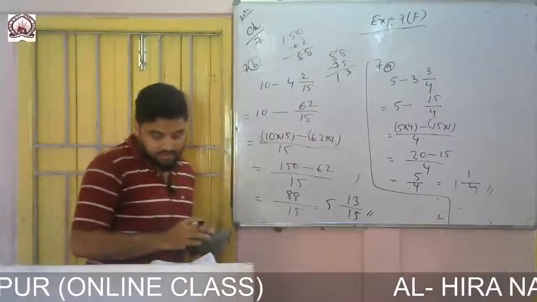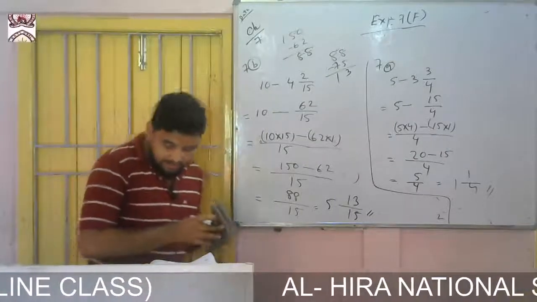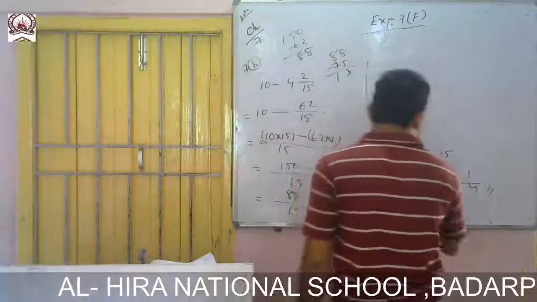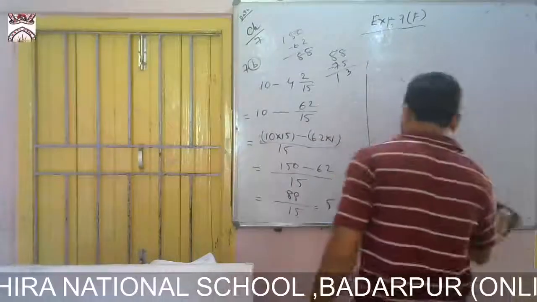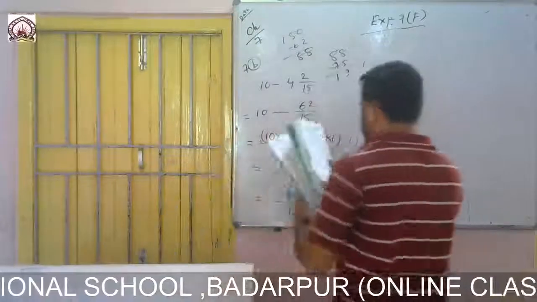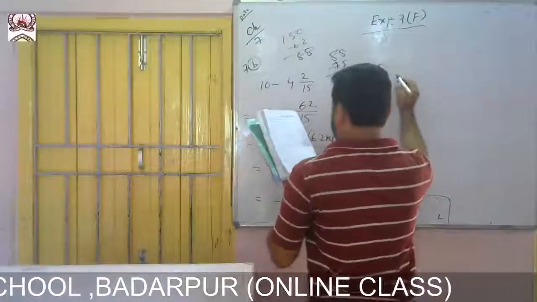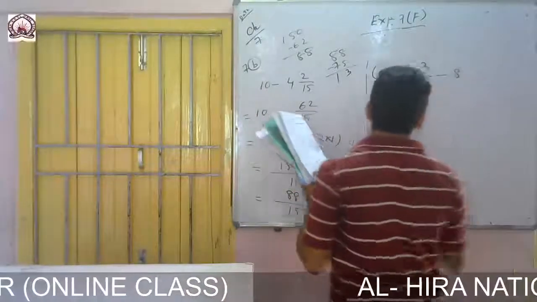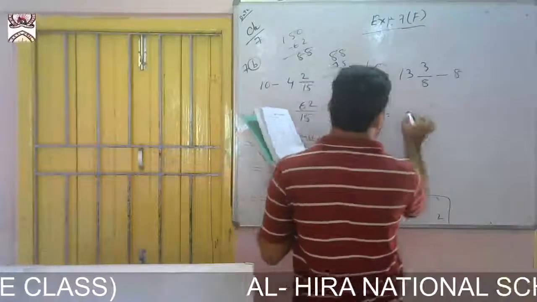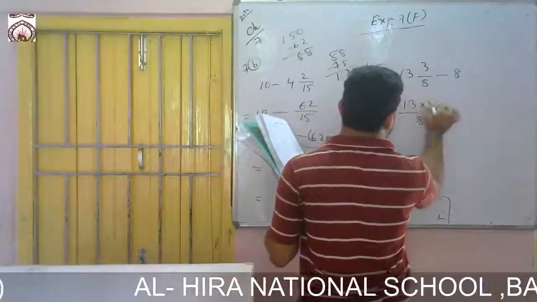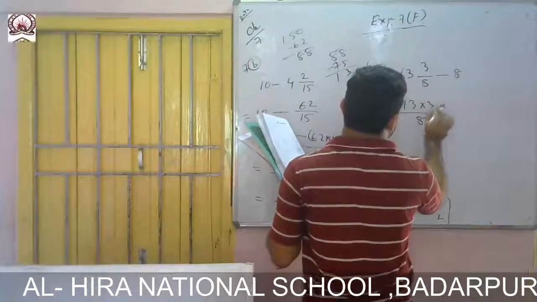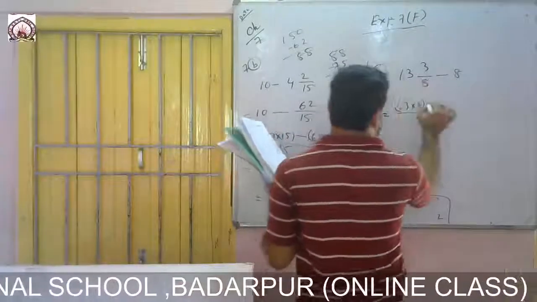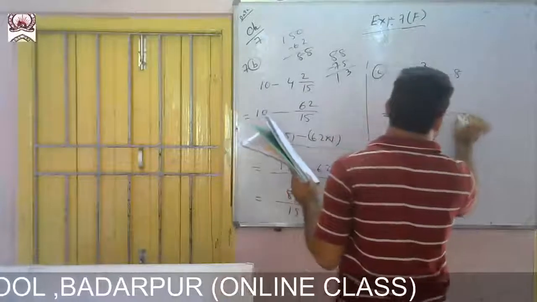And question number C: 13 3 by 8 minus 8. This one I am solving here, and you solve it at home. I am just breaking the fraction, these are all the same. Break it like this: 13 into 8, multiply, then plus 3, then minus 8.